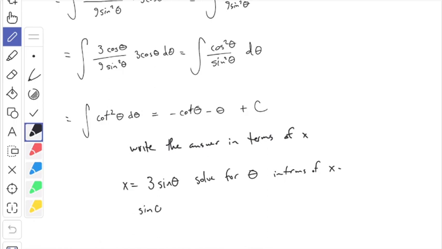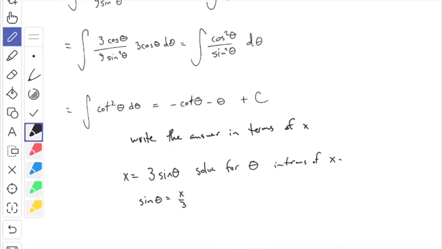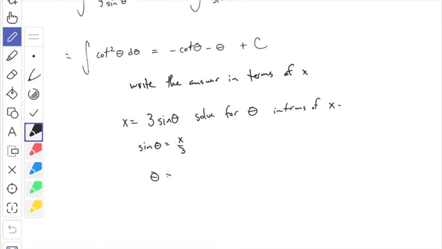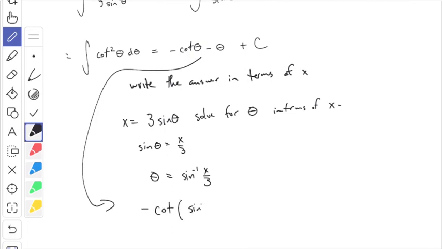It says sine theta equals x over 3. And this means theta is inverse sine of x over 3. And this is what I am finally going to plug in for theta. So my final answer, almost, is minus cotan of inverse sine x over 3 minus inverse sine x over 3.